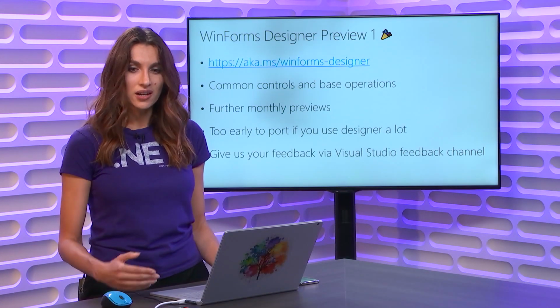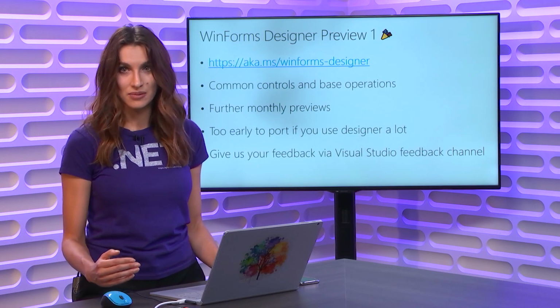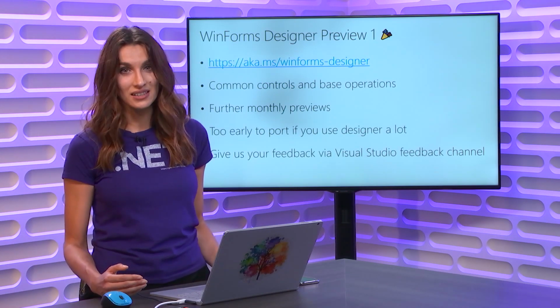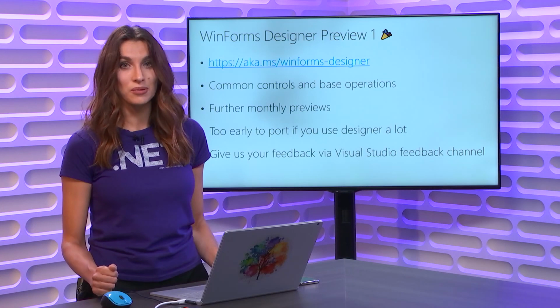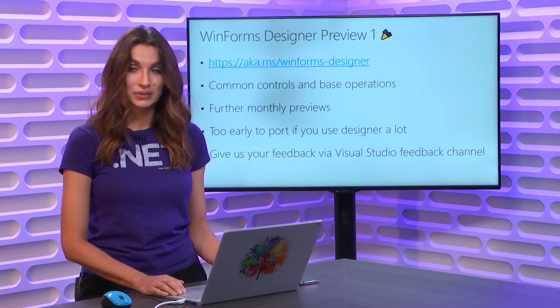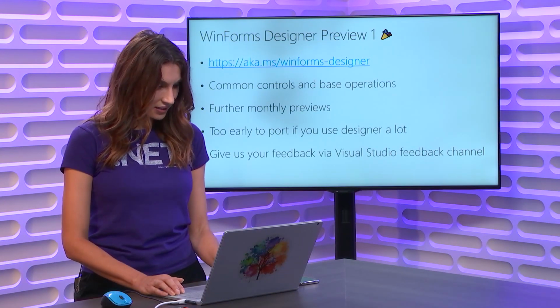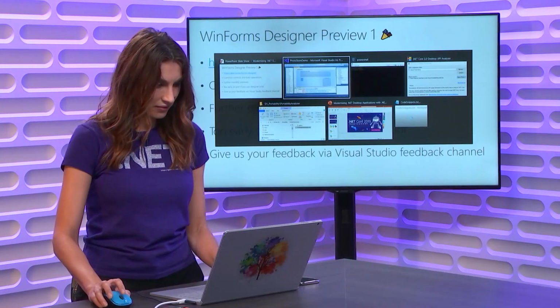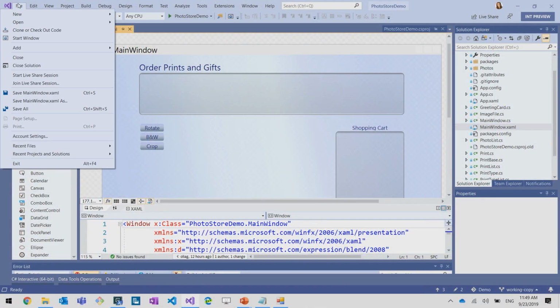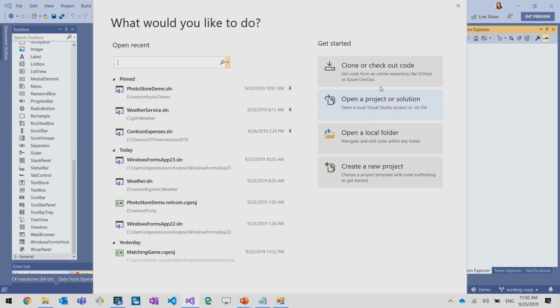But for your production applications, wait till the designer gets more mature, and we will definitely let you know when it's a good time to port your apps to .NET Core. So please give us feedback via Visual Studio channel, and let me show you how the WinForms Designer looks. So I'm going to close this, and I will create a new WinForms application targeting .NET Core.